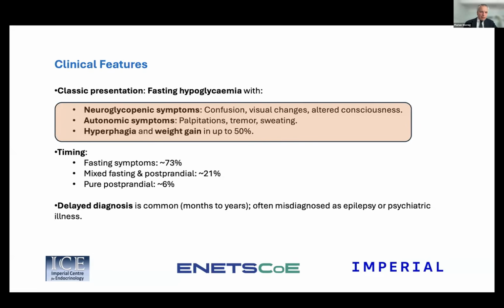As far as common symptoms are concerned, about 73% of patients present with fasting symptoms. Some have mixed fasting and postprandial symptoms, and there's a minority of patients who have pure postprandial symptoms. And it's sometimes difficult to distinguish between reactive hypoglycemia and insulinomas. Diagnosis is often delayed because it's a very rare condition, and it can be months or even years until patients are diagnosed. They're often misdiagnosed as epilepsy or psychiatric illness.